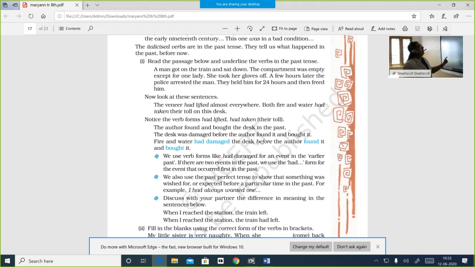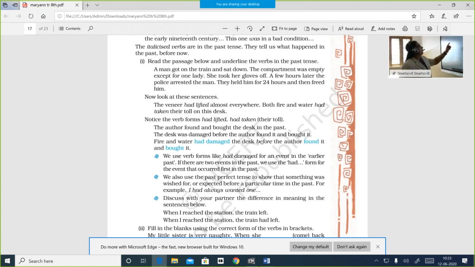Now, both fire and water had taken. Underline had taken. These are earlier actions. In a conversation, we start with past tense, and the actions which happened earlier are put in past perfect.